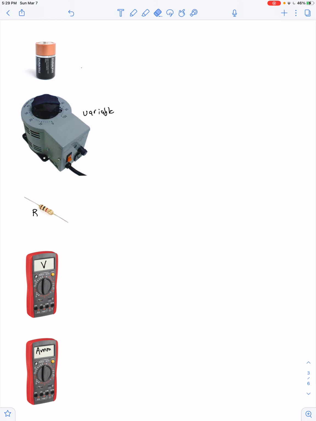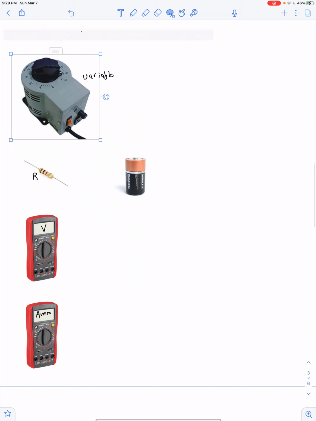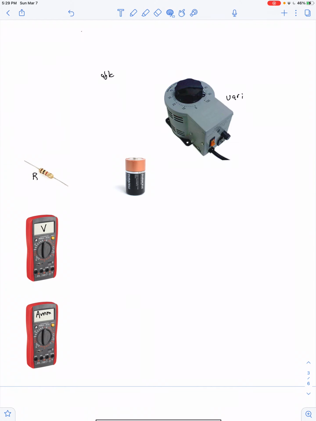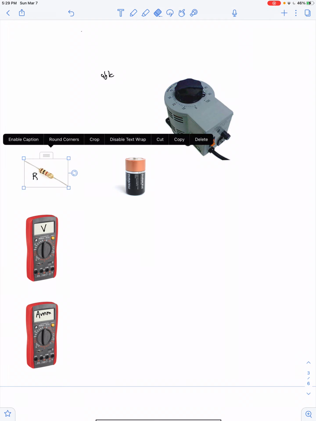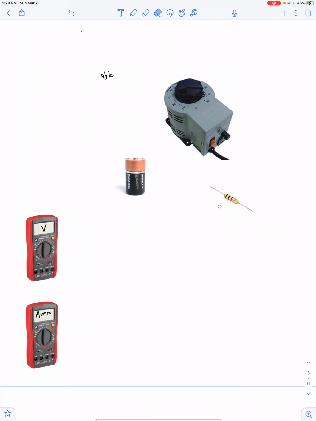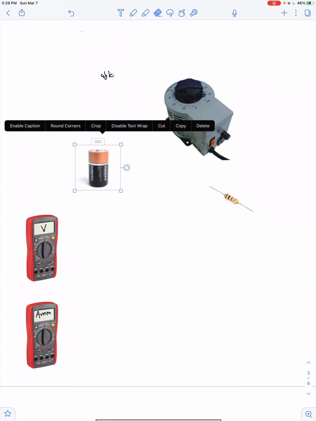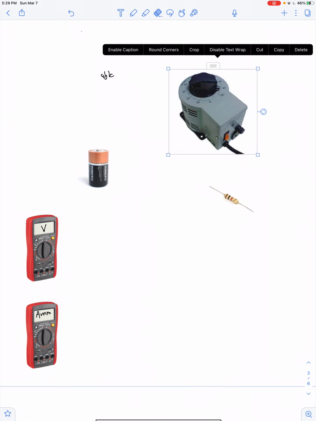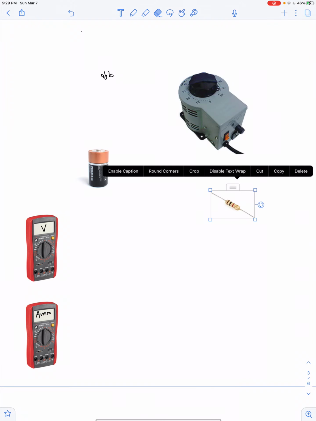So let's take the battery, connect it to our variable resistor, connect that in turn to the fixed resistor, and then use the meters to measure both the voltage across the battery and the current through the circuit.